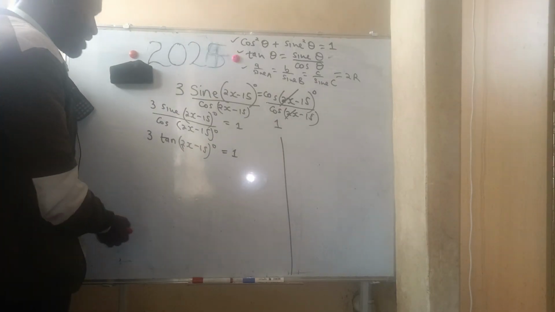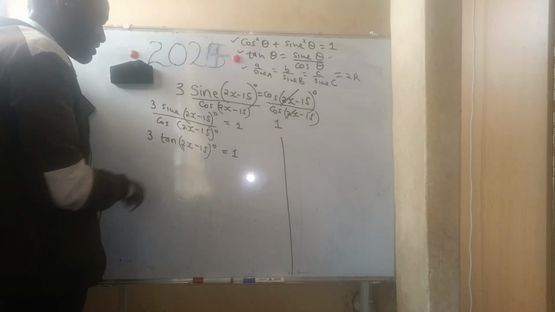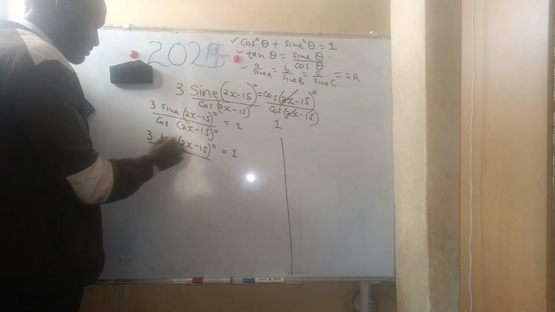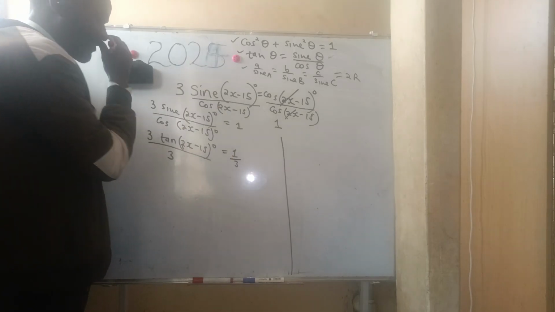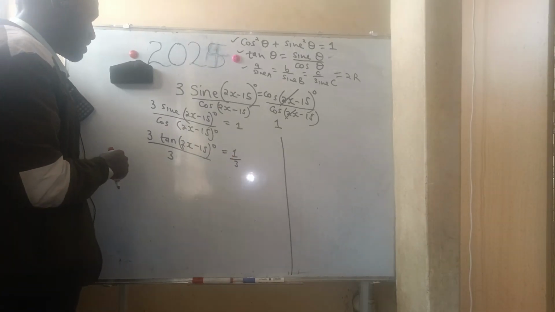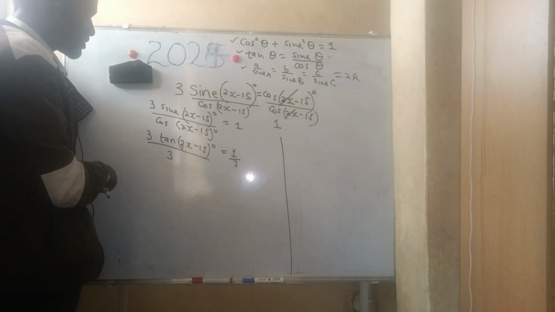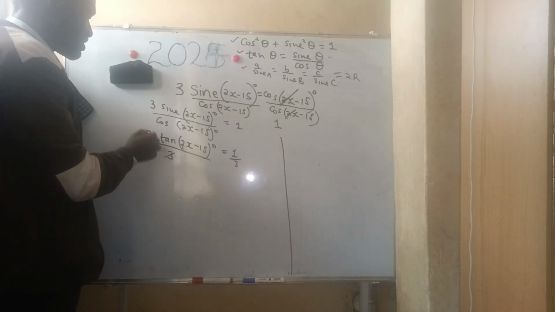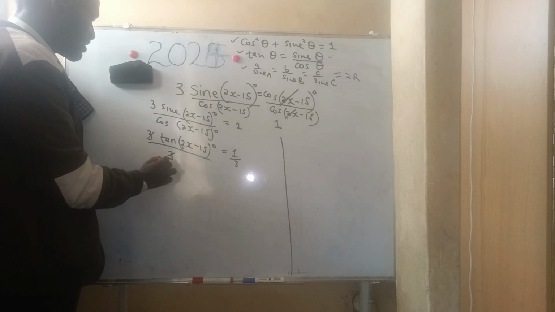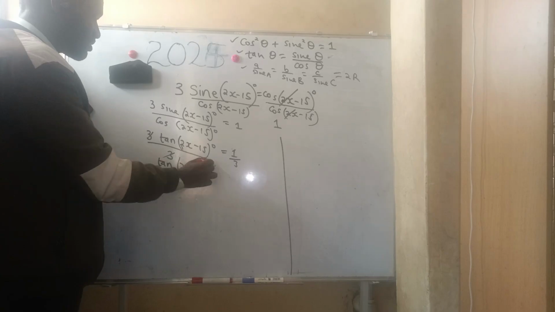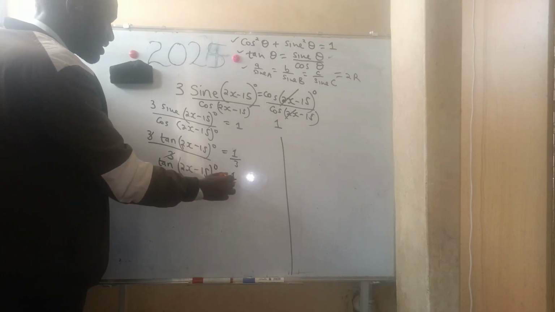Next, we can get the value of x by doing what? By dividing all three by the coefficient. You want to make the coefficient of tangent to be 1, so we shall divide all three by 3 so that this and this will disappear. So we shall have tan (2x minus 15) as an angle, which will be equal to a third.